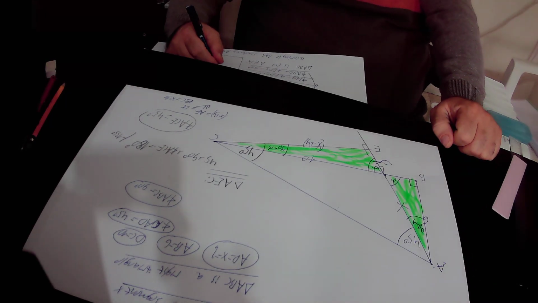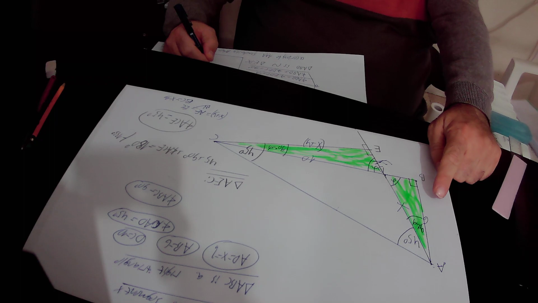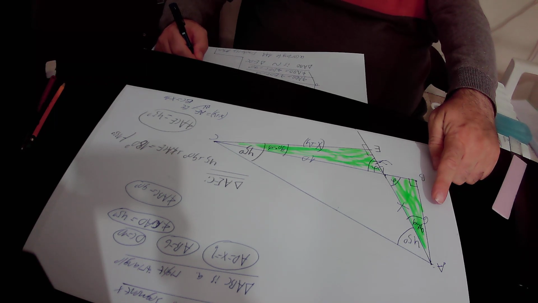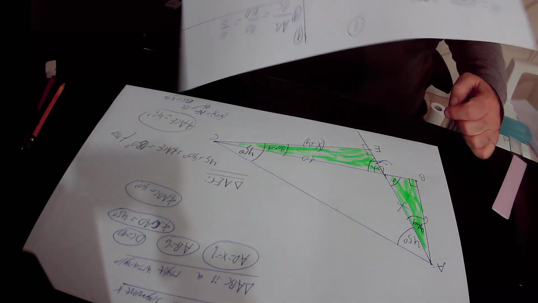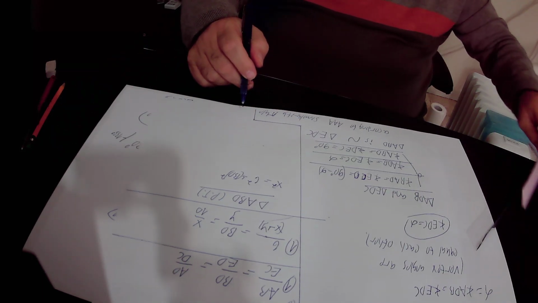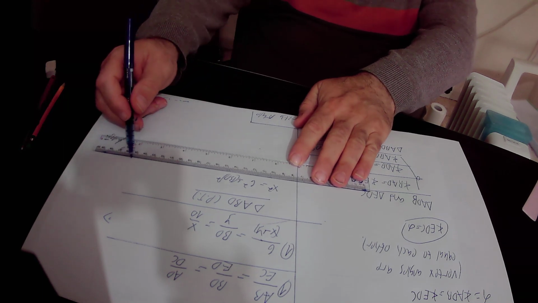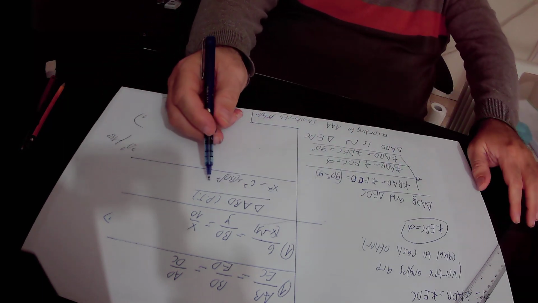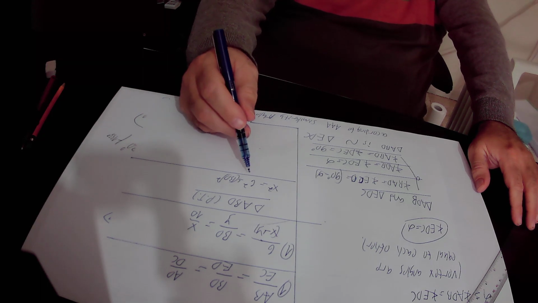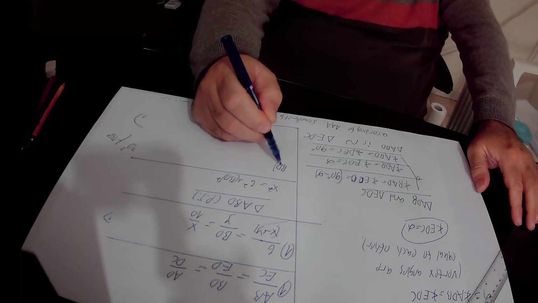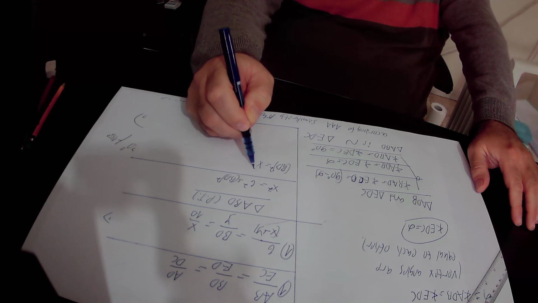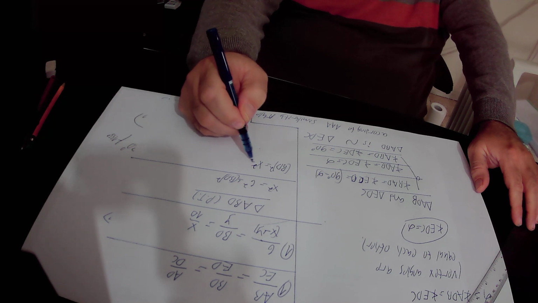That is to say, x squared equals 6 squared plus BD squared. I'll repeat again. We subtract 6 squared from this equation, and we get that BD squared equals x squared minus 6 squared, that is minus 36.